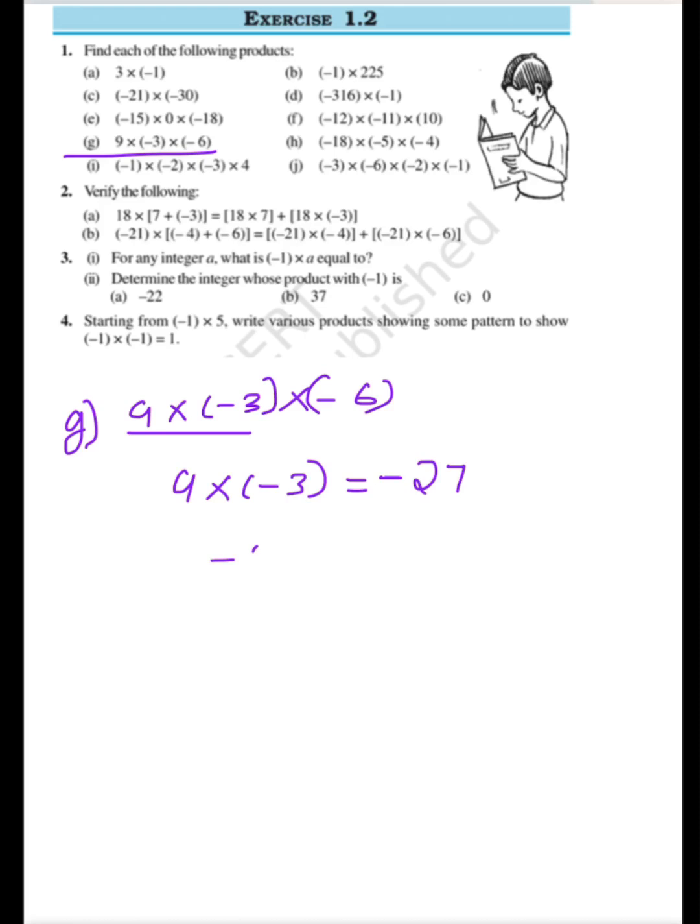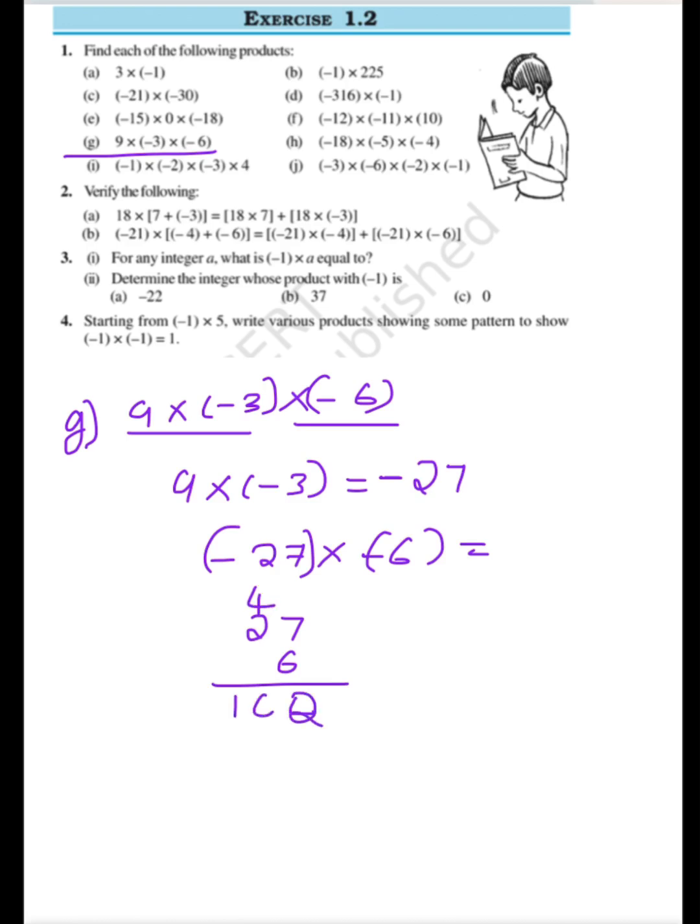Now minus 27 into, what is there remaining? Minus 6. Minus 27 into minus 6. So what is 27 into 6? 42. Carry 4, 12 plus 4, 16. So 162.